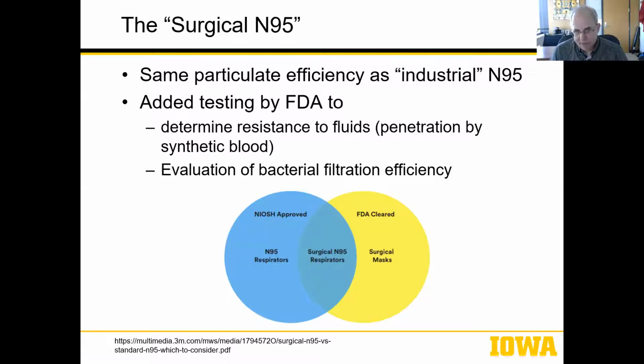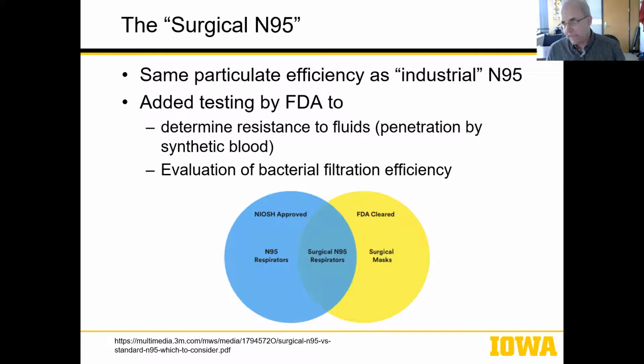So here's a graphic out of a 3M bulletin, and I'm going to say this is for educational purposes only. Please do not sue me for copyright infringement on these. I try to quote everyone below here in terms of the source. But here you can see there's a surgical mask, which I haven't talked about yet, but that's the thing that we've all, or some of us, have been able to access.